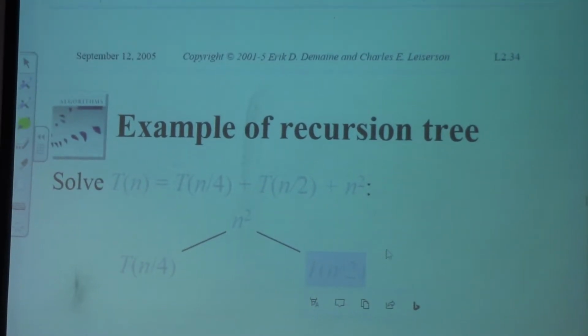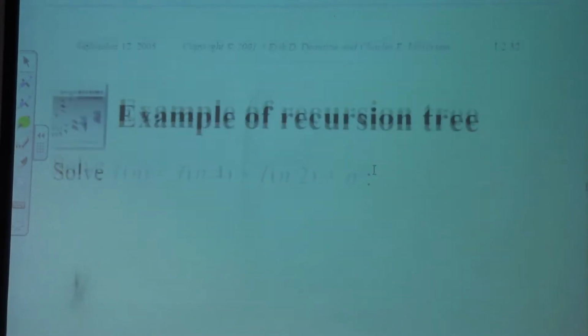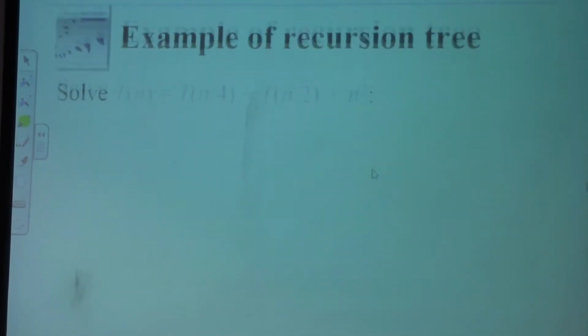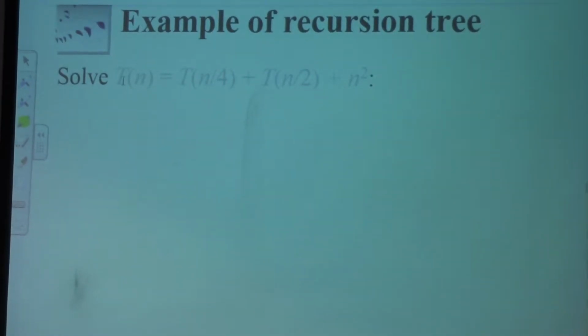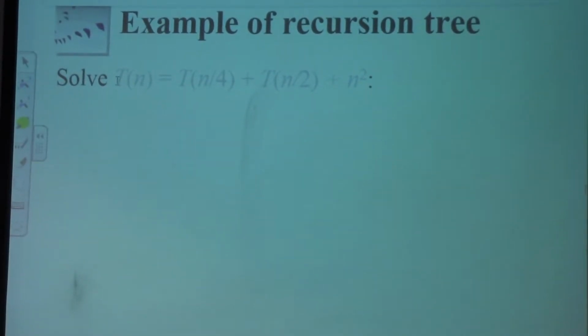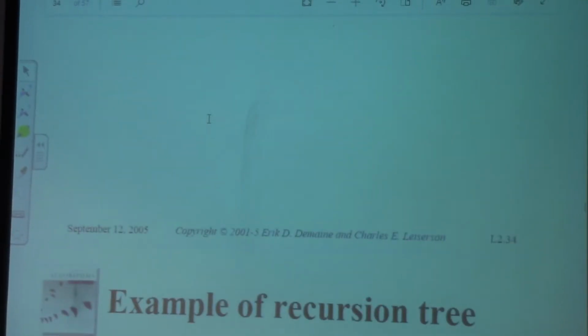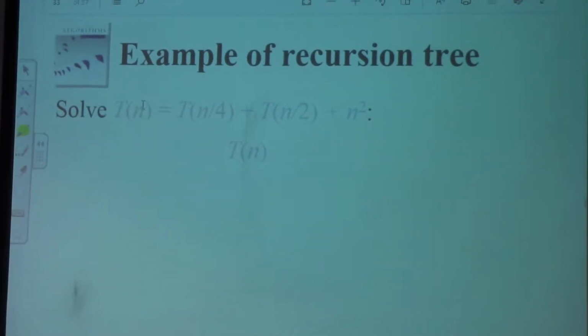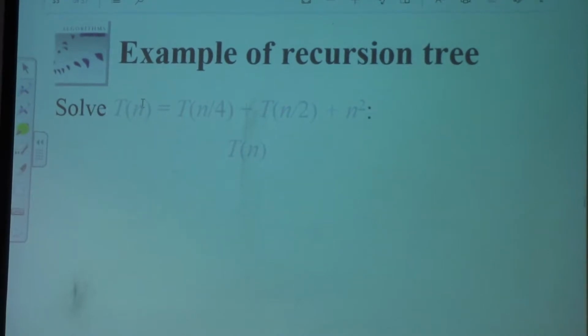Okay? The professor can ask you in an exam, by giving this equation, to find the recursion tree for it. The equation will not be the same, it will be different.